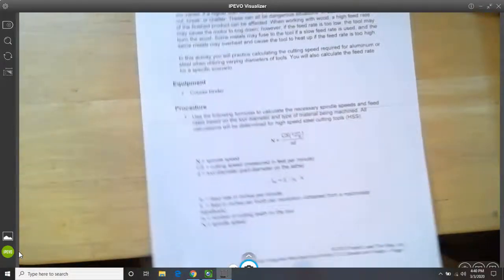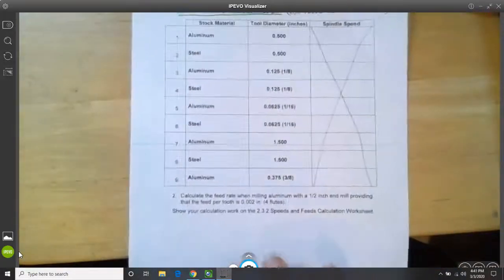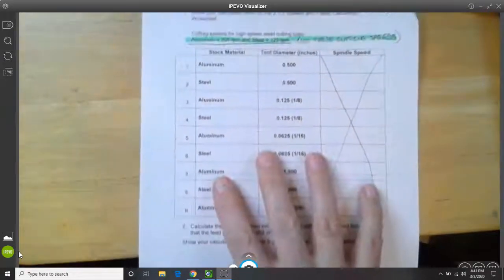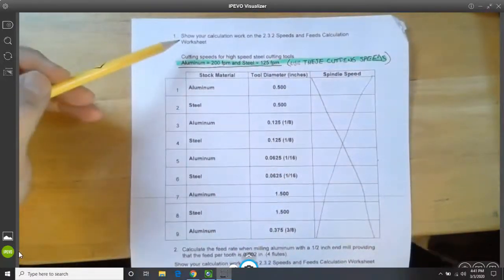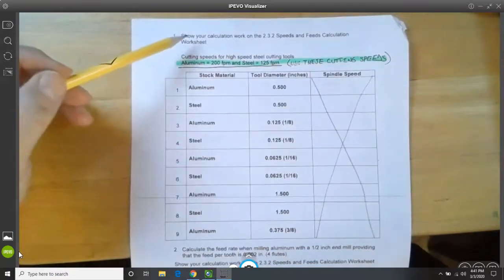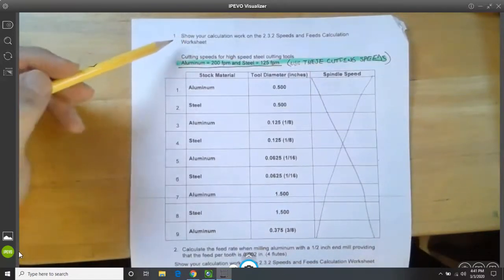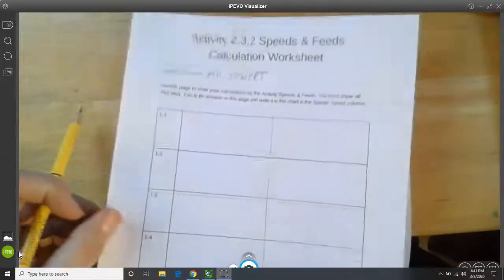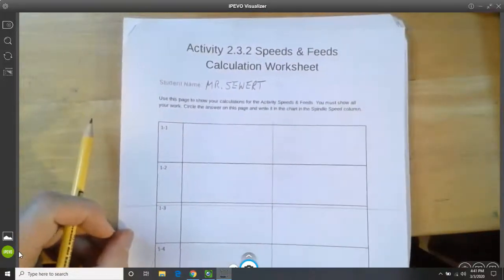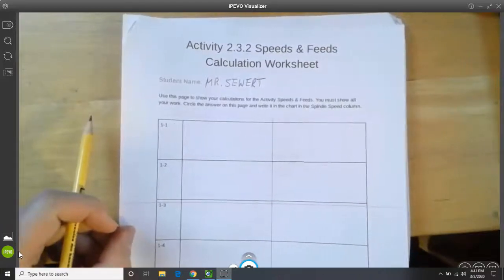So I'm going to flip this page over, and I highlighted something at the top. It says, number 1, show your calculation work on the 2.3.2 speeds and feeds calculation worksheet. This is that worksheet right here.